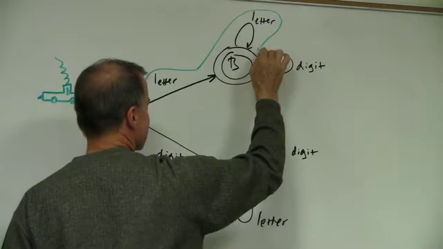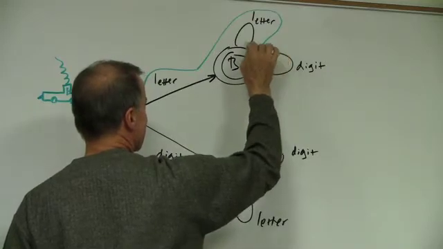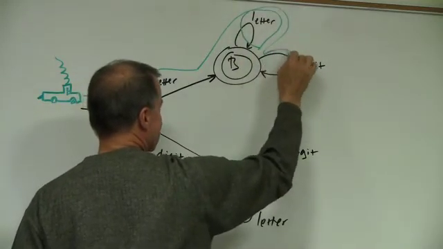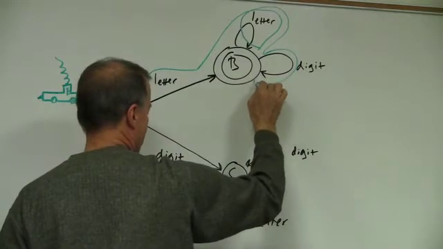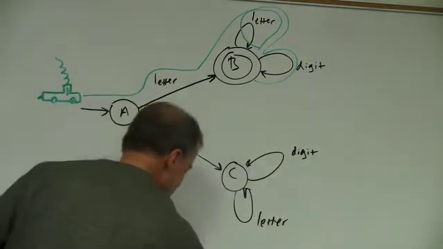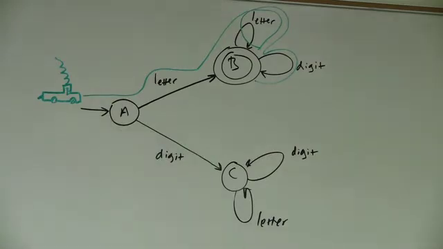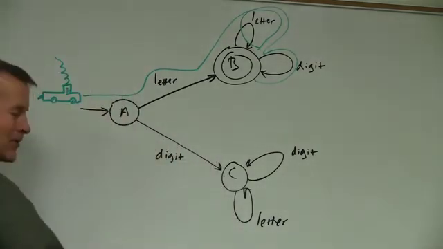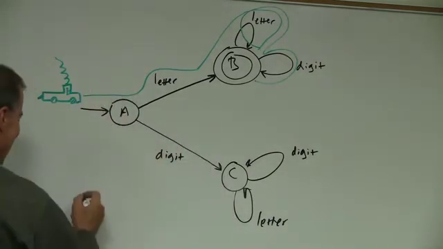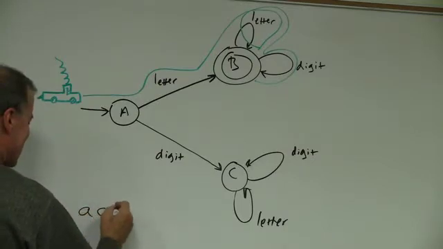Say that's C, and that's D, and then he goes over this digit, that's like 5. So that's A, C, D, 5.